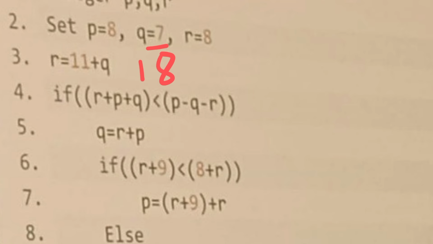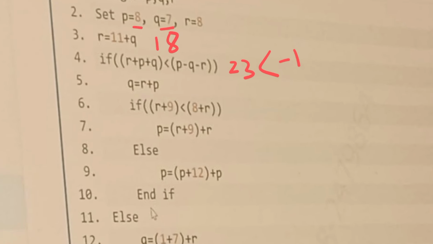So 23 less than this. Let me check this. p is 8, q is 7. So 8 minus 7 is 1, minus r, that is a negative number. So 23 can't be lesser than a negative number.